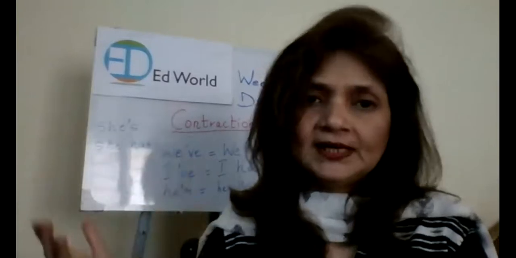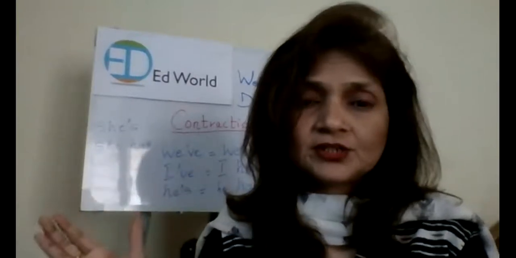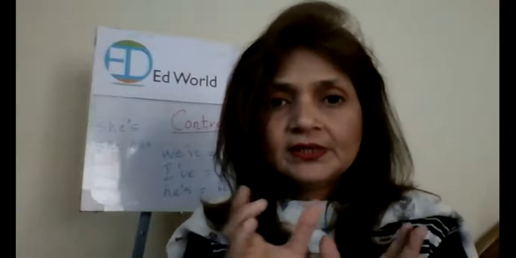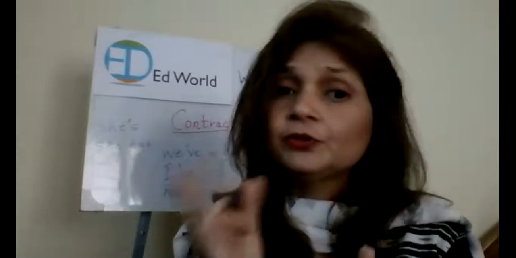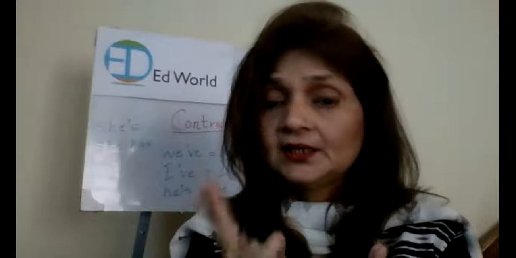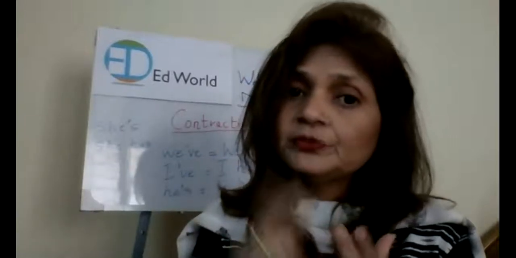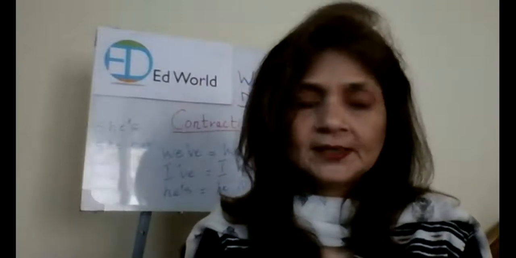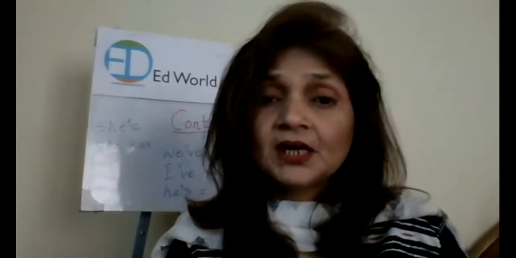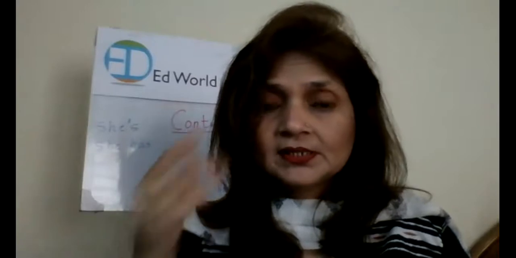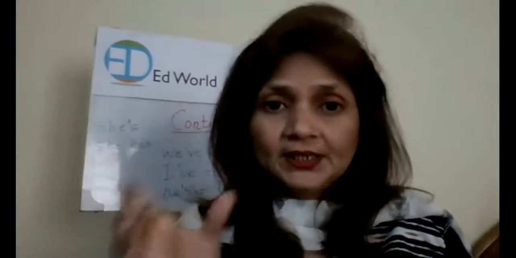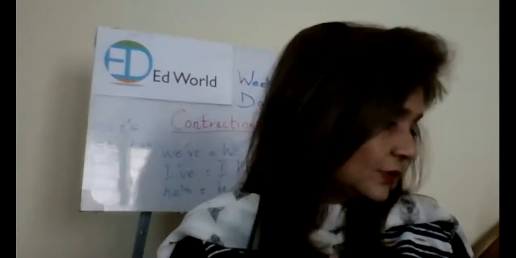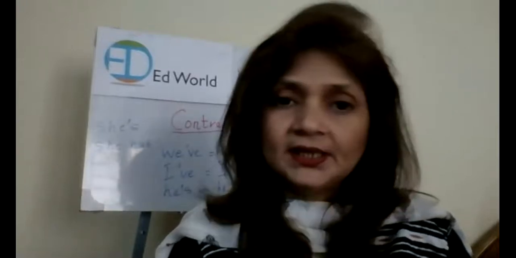Whenever there is the word "have" over there, you have to remove H and A. Whenever it is "has", again you have to remove H and A, put an apostrophe and write down the rest. Do you understand? Like it is already given in your book: "she has", "they have", how it is written. You just leave out the H and A and put the VE. "They've", right?